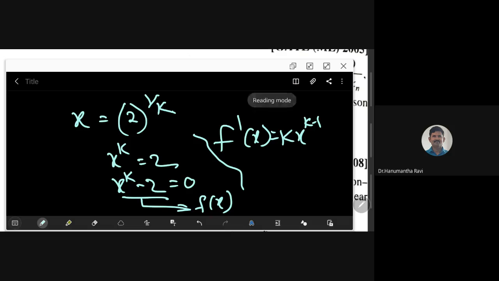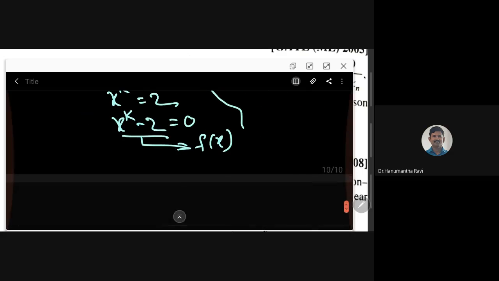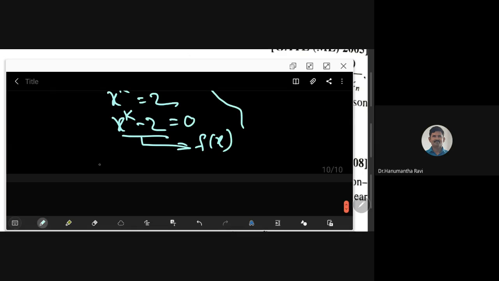Okay. So what will be our formula here? xn minus f of xn. What is f of xn here?